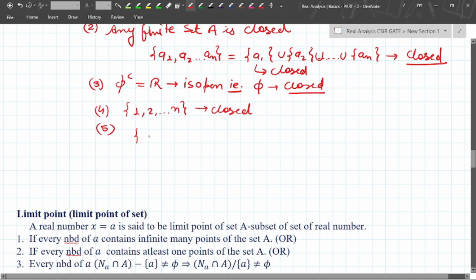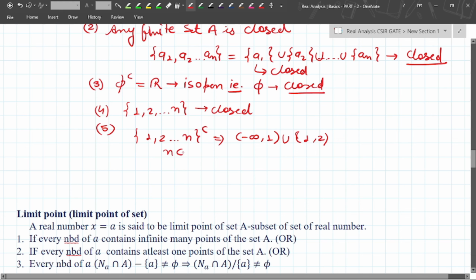Next, if I take an example like 1 to n and its complement, it means minus infinity to 1. Okay, there is no mention here that n belongs to the natural numbers, so we can take it like this. And union 1, 2, it means all the numbers in between 1 and 2. Here they have not mentioned in this example that n belongs to the natural numbers, so we can make an interval like this.